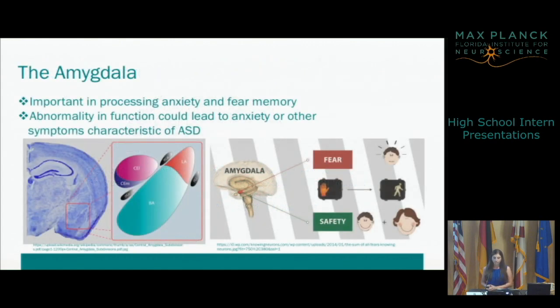One of the main brain regions involved in ASD is the amygdala. The amygdala is important in processing anxiety and fear memory. Any abnormality in function of the amygdala can lead to anxiety or other symptoms characteristic of ASD. The amygdala is in this region, and this is a diagram showing the central and the basolateral amygdala.